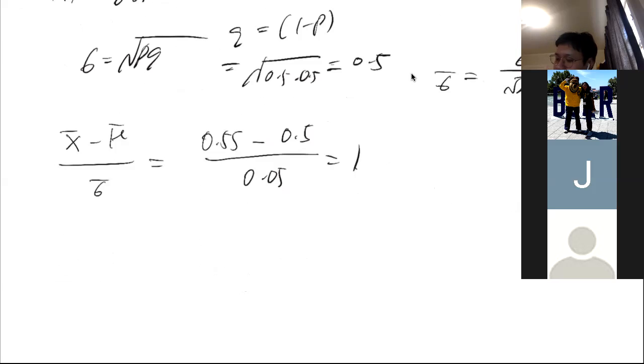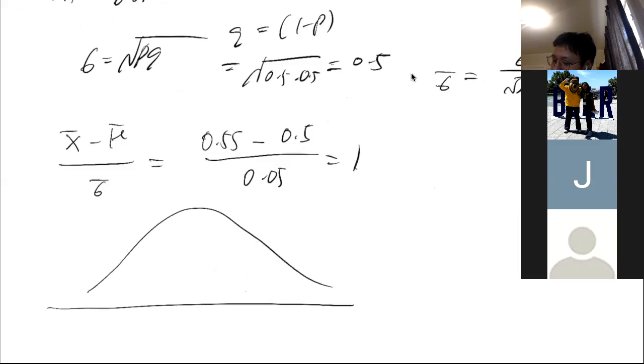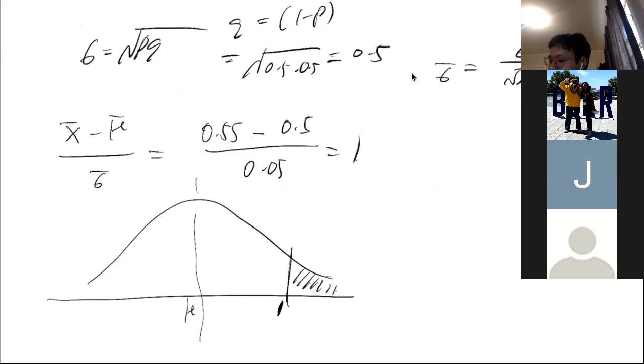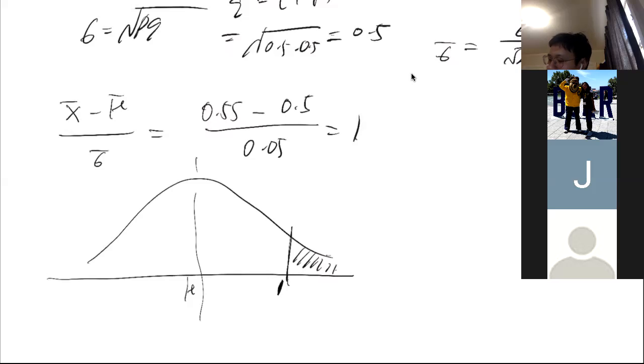And so the graph of that would be: this is the mean, and this is our z-score of 1. That's exactly 1 standard deviation above. And the p-value is the area in this region. So we take z of 1, and z of 1 is this region.